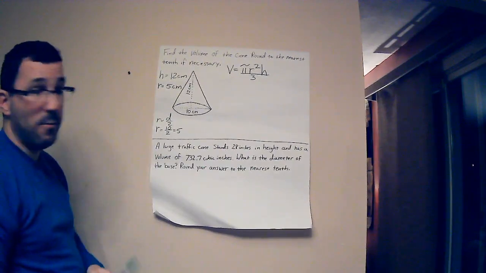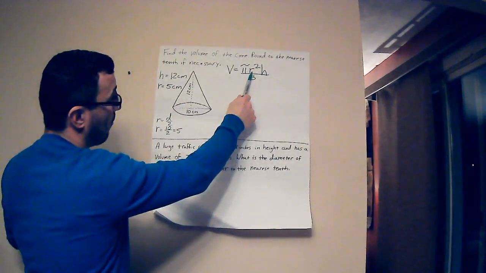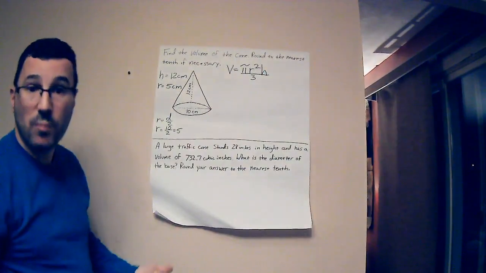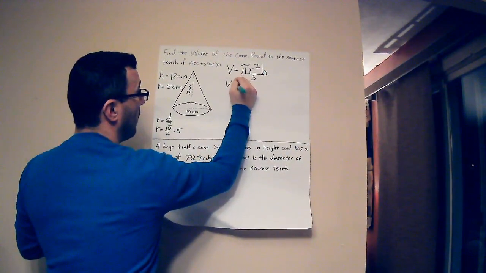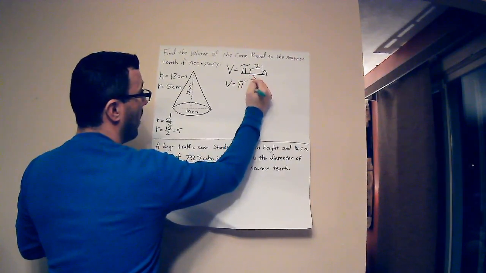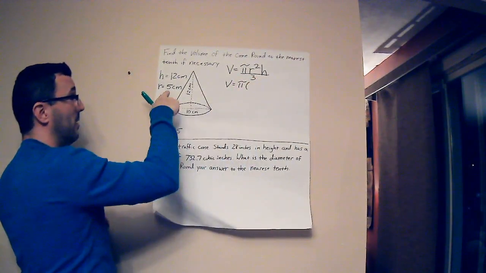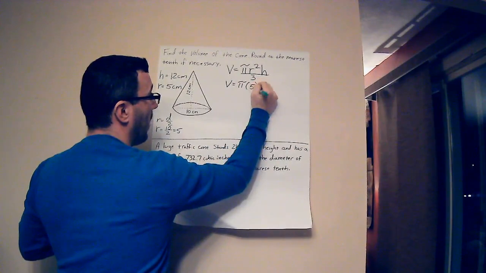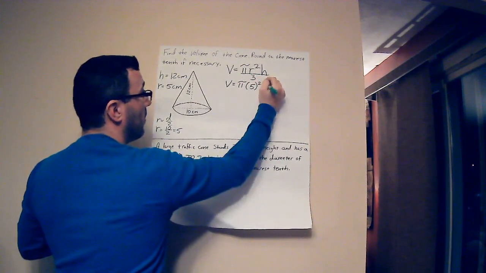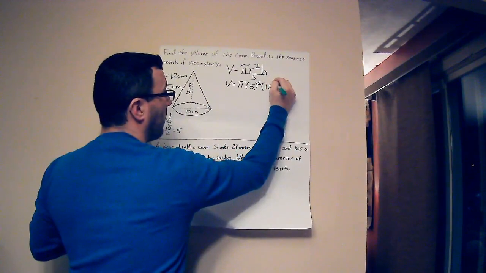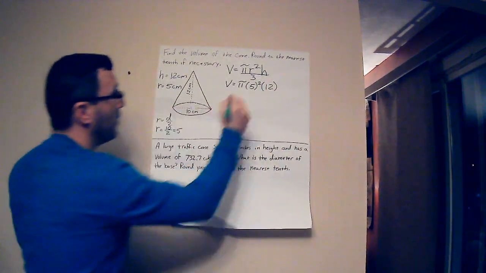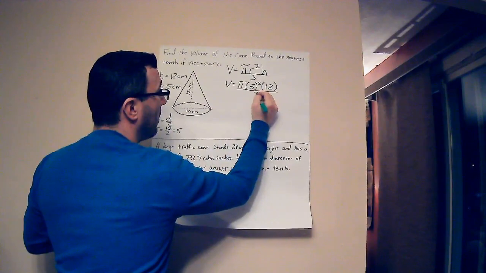Now that I have that information, I have my radius, I have my height, I'm going to plug them in. So, volume equals pi, radius is 5, so 5 squared times 12, which is our height, divided by 3.